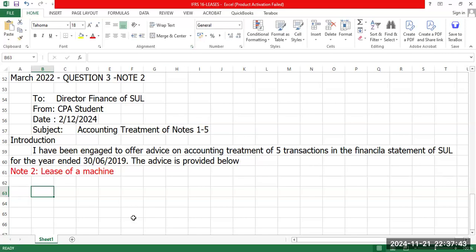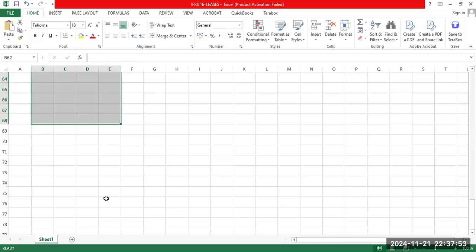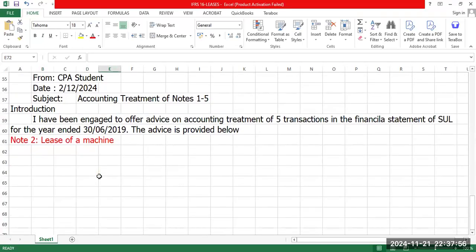Remember, in an exam, now this is our first page. First page, you leave a space here. You go maybe to the next page and do your appendix.